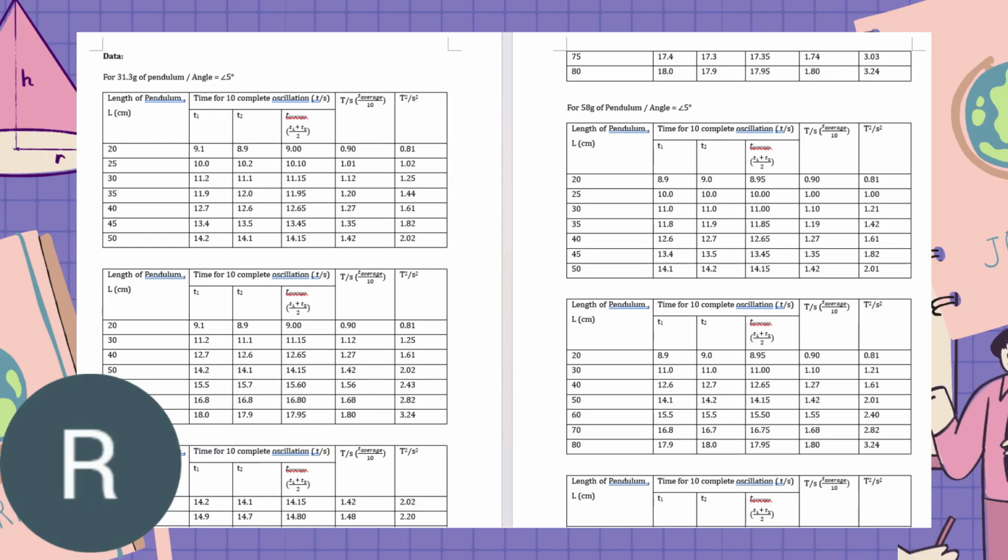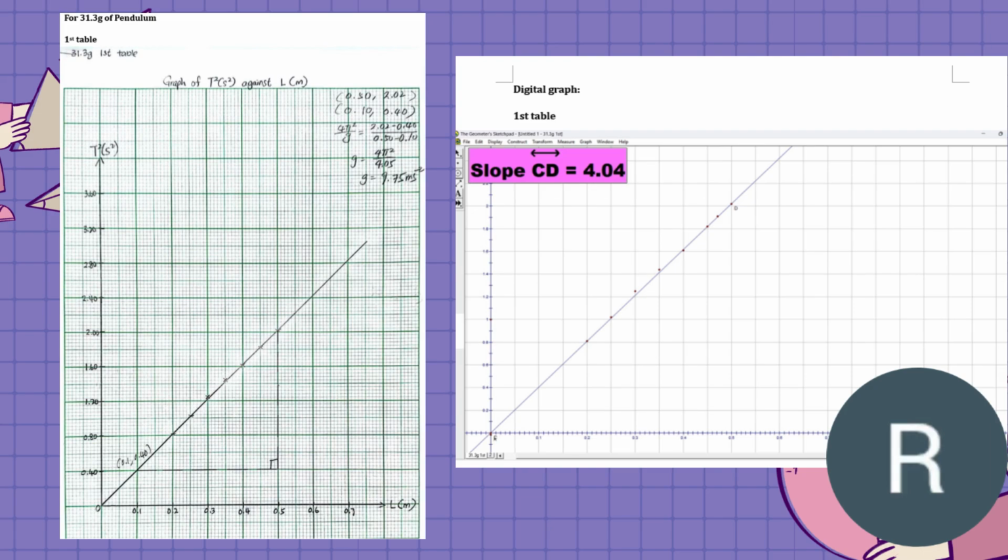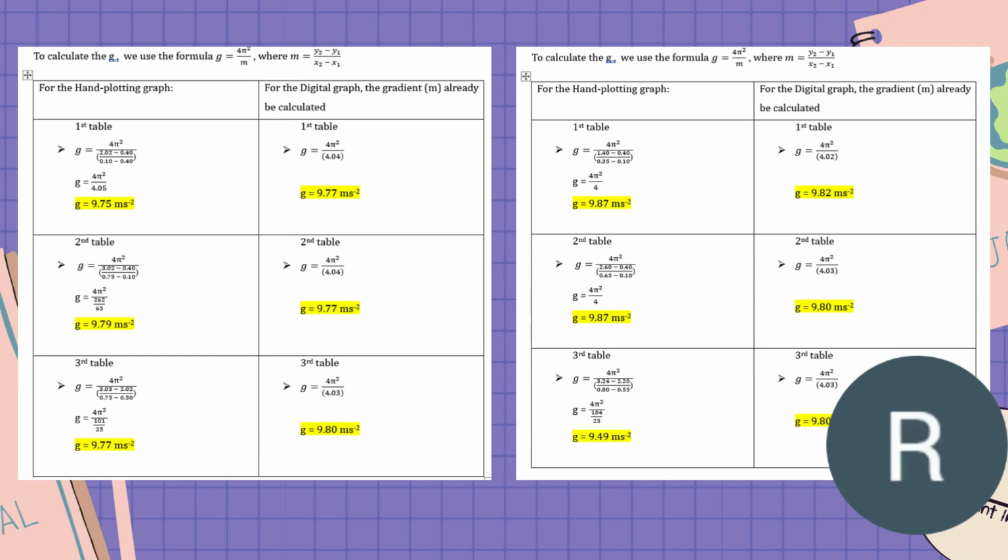Our results show that as the pendulum length increased, the time taken for 10 complete oscillations and the oscillation period also increased. The graph of T squared against L produced an almost straight line, which agrees with the theoretical equation. For the 31.3 gram pendulum, the average value of g was approximately 9.77 meters per second squared using the hand plot graph and 9.78 meters per second squared using the digital graph.